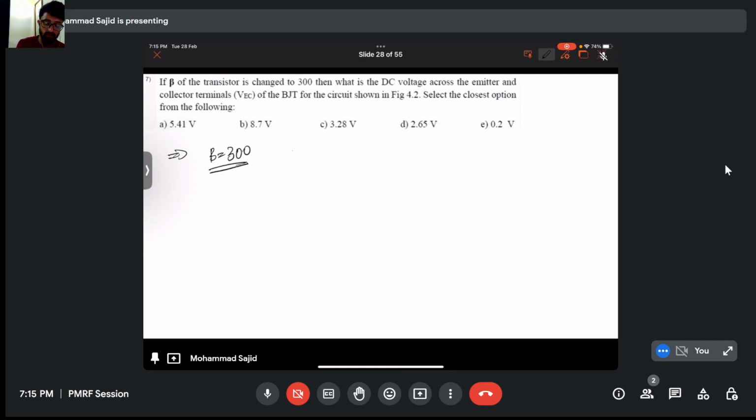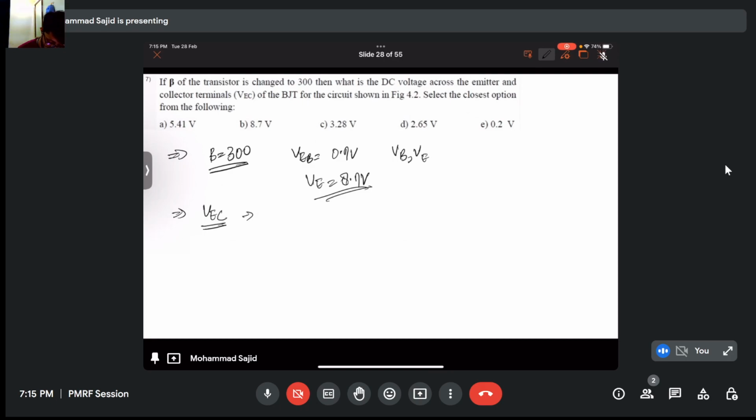Your VEB is the same, 0.7 volt. Your VE value will be the same and VE will stand at 8.7 volt. Now what we have to find is the DC voltage across the emitter, and we have to find again VEC.